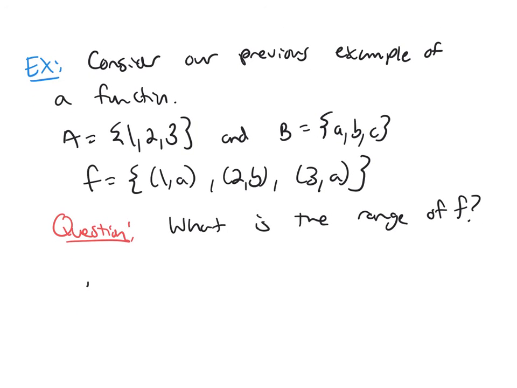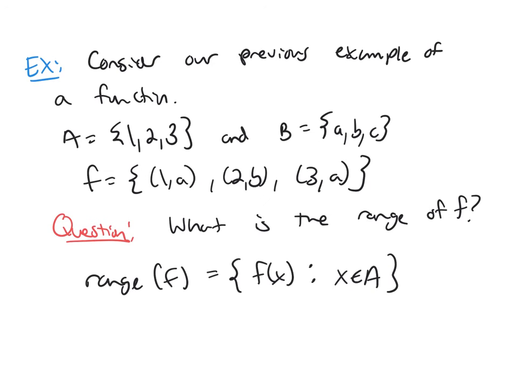So the range of F, remember the way we define this, it's f of x, where x is in A. So you need to look at the second coordinates of your ordered pairs here. So a, b, and a. Now you don't need to repeat a when you write it in your set.